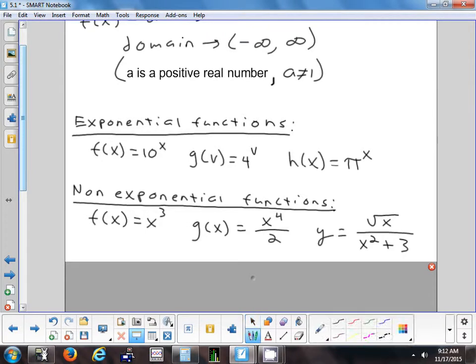If you want to think of it as 1/2 x to the 4th, you just got a 1/2 in front, same as divide by 2. The one on the right, that's a combination of a rational function, okay? But we have a square root in the top and a polynomial in the bottom. Okay, so these are all non-exponential functions. Any questions on the difference between the two?